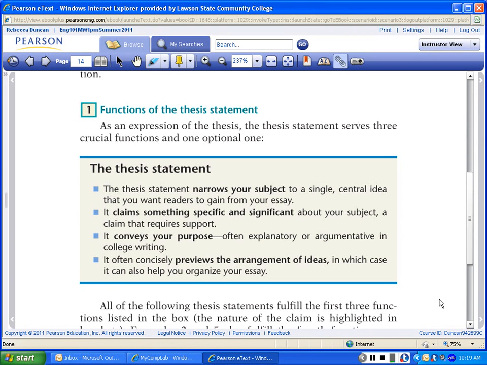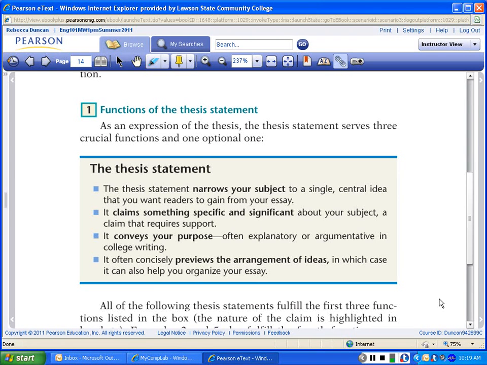But what you have to say, whether you argue a particular viewpoint, that narrows it down. In your thesis it should be stated which cause and which effect your paper is going to be focused on. What points of comparison and contrast or both are you going to be writing about?